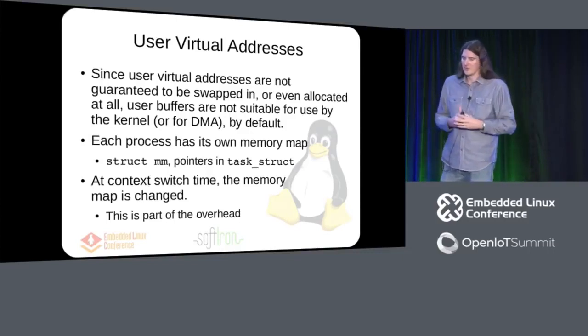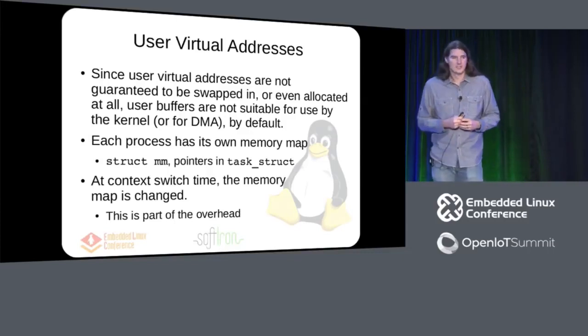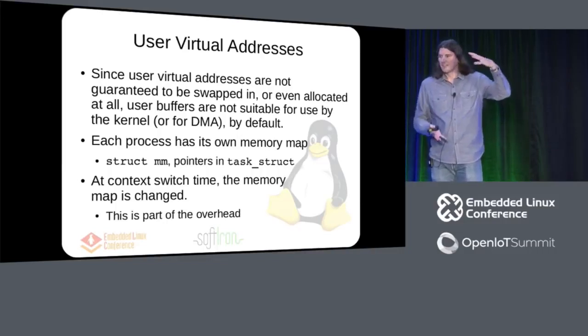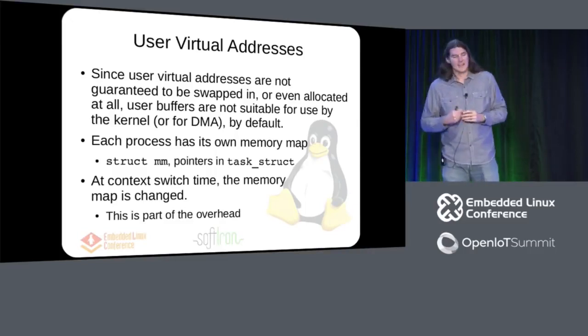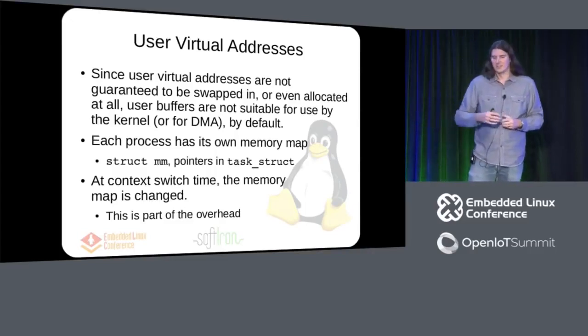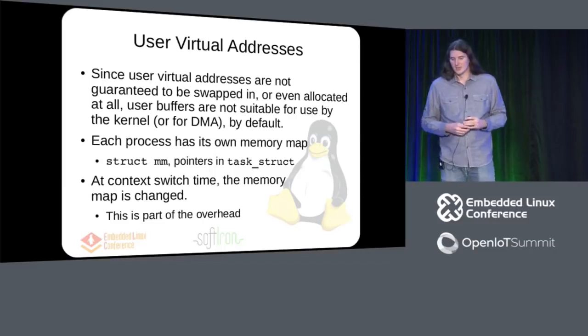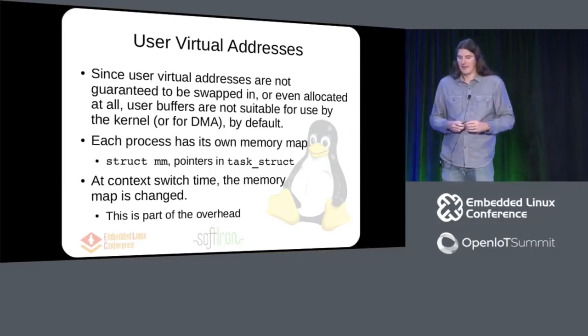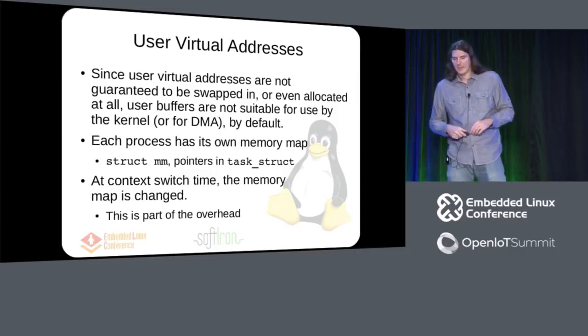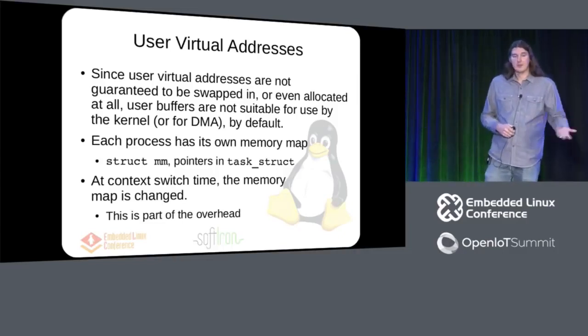So in the kernel source code, if you have a look at the task struct, the task struct is a structure which represents every process, actually every thread that's running on a Linux system. Task struct has in it some pointers to a struct mm, and struct mm is the memory map for that process. At context switch time, the memory map is changed.